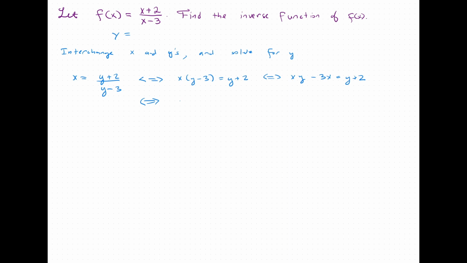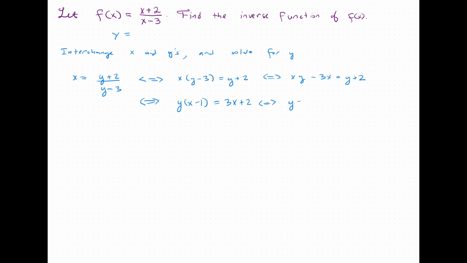we have xy minus y, but I'm going to factor out the y. So we have x minus 1. That 1 is coming from this y being subtracted. And then we have 3x plus 2. And now finally, we divide by x minus 1.